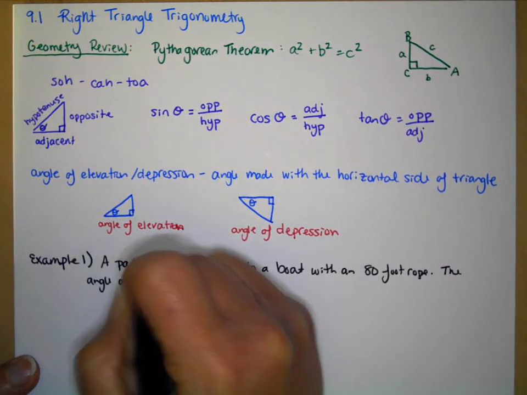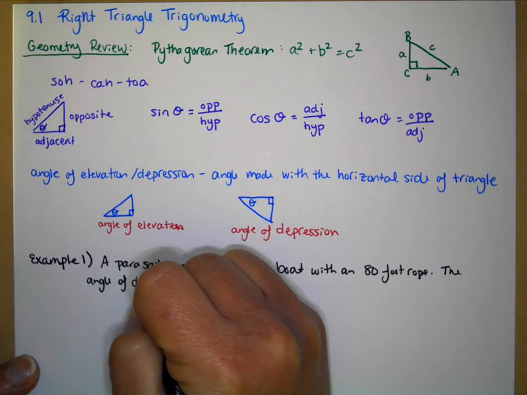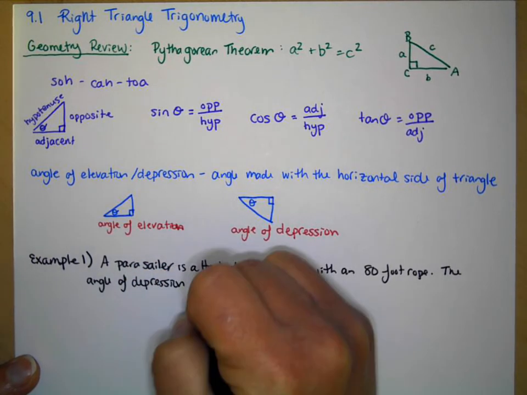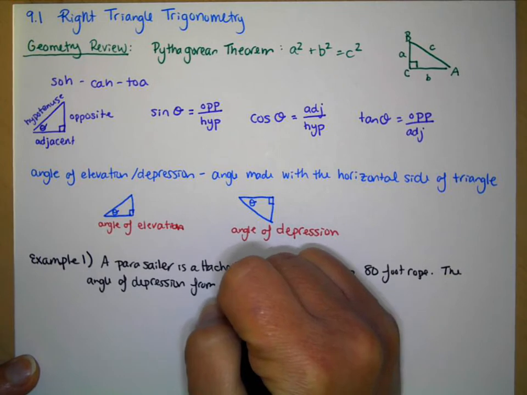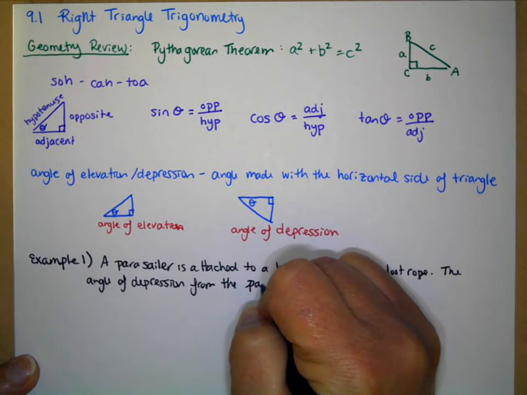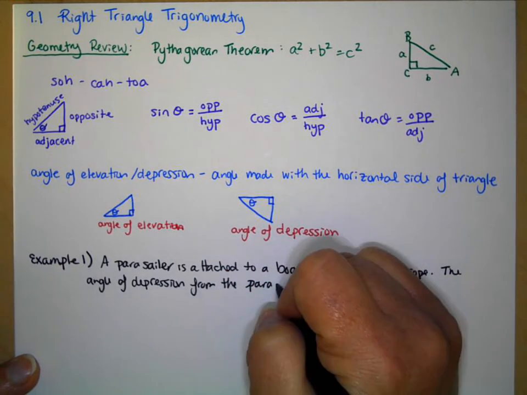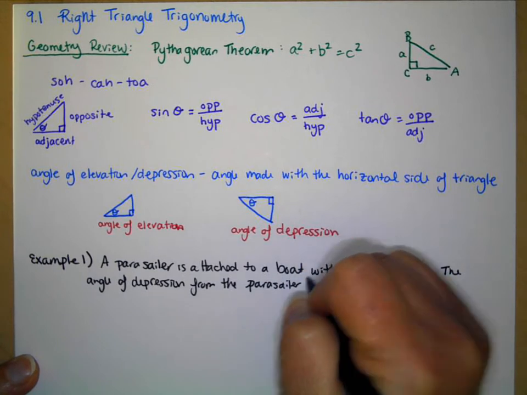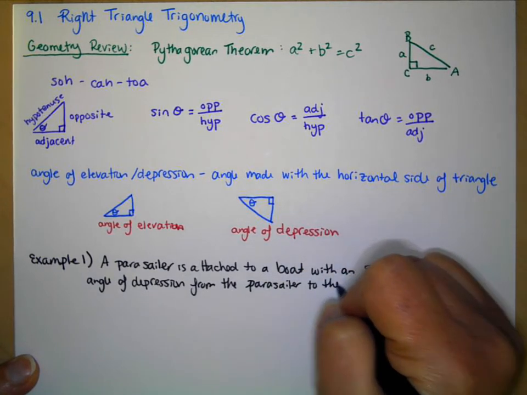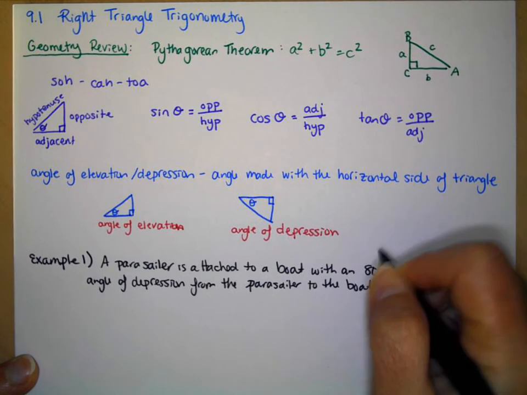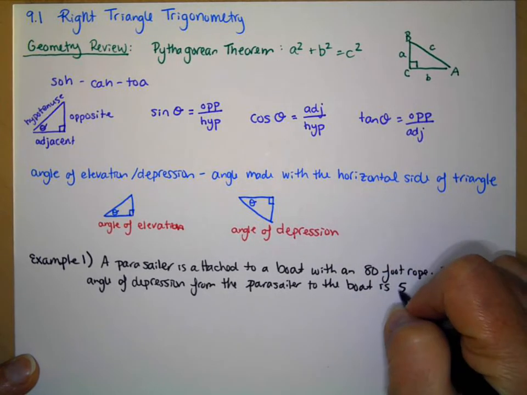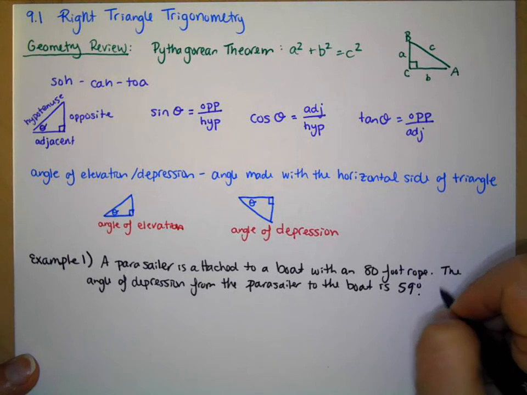The angle of depression from the parasailer to the boat is 59 degrees.